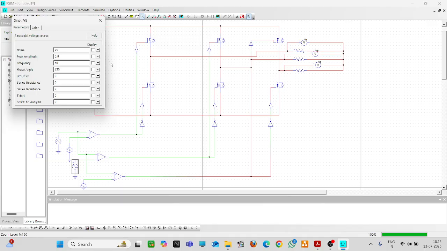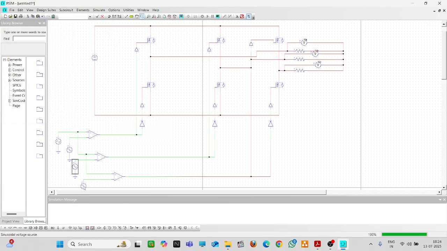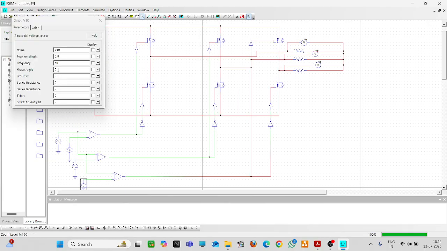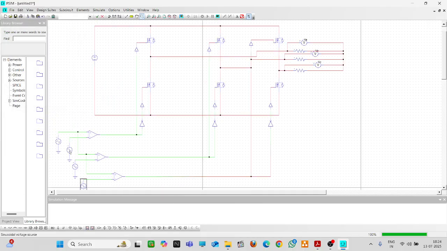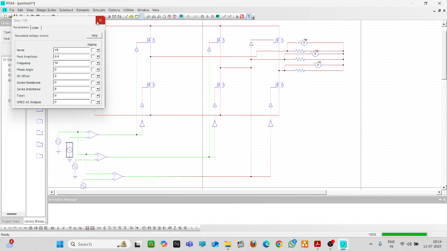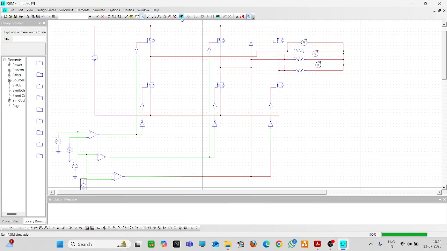So 120 degrees, and this is 240 degrees. It is very much required because we are having three phases and there will be a phase shift of 120 degrees between the three gating pulses also. So now I think everything has been made.